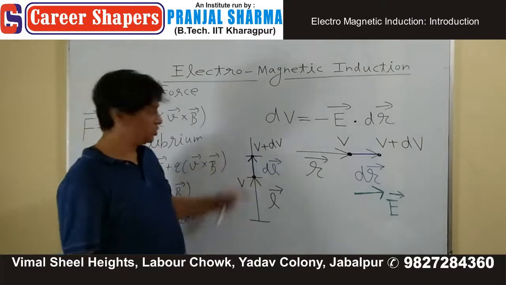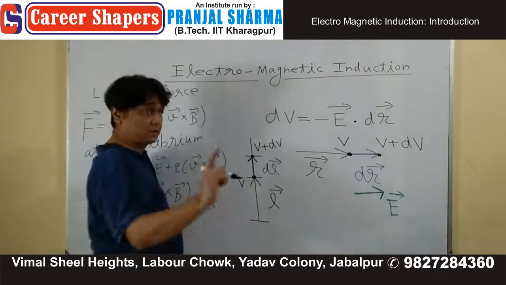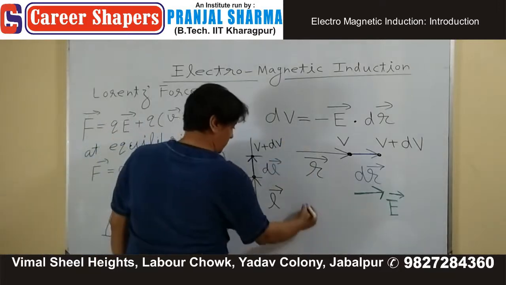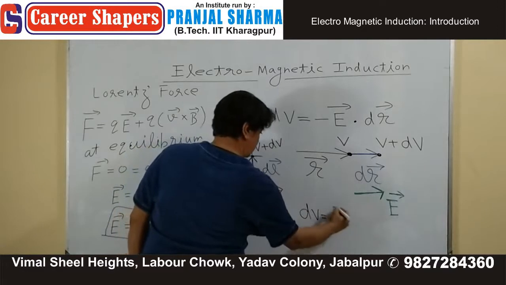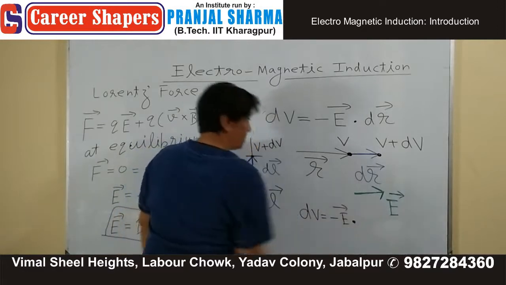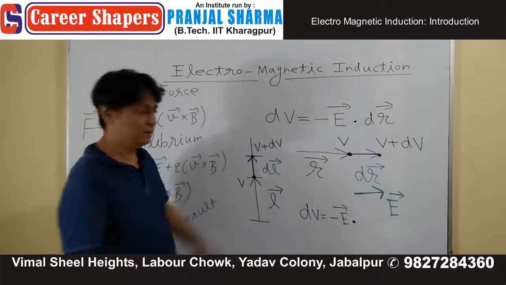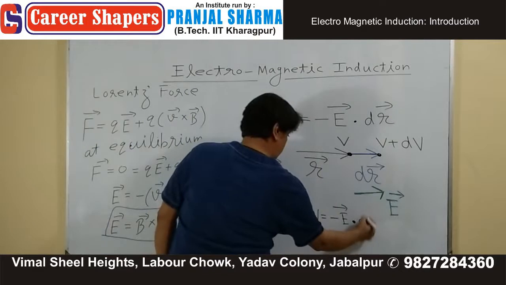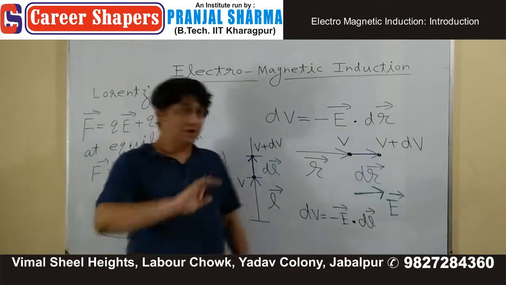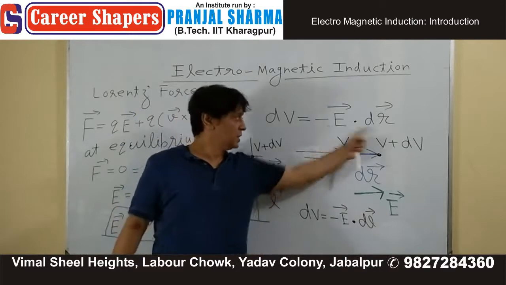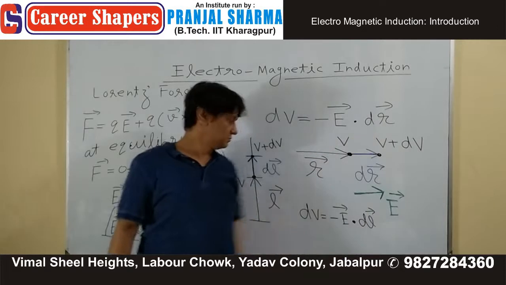If somebody tells you to find the potential difference, you will write dV equals minus of E dot, replacing your dr with dl, E dot dl. It's not difficult at all. Replace dr with dl. Everybody has seen this formula.